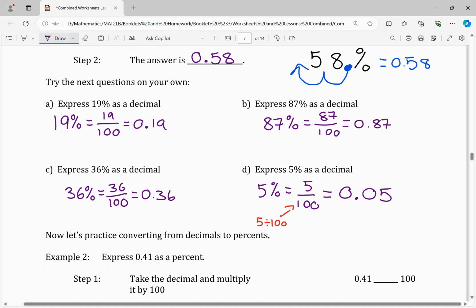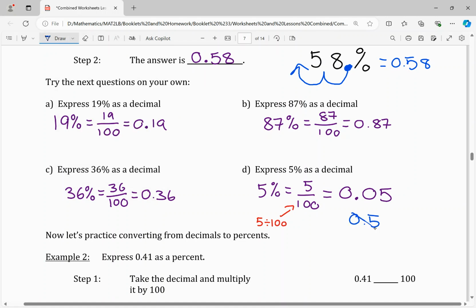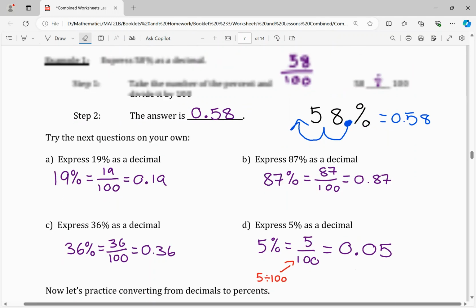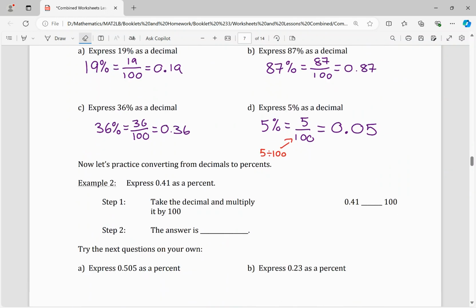A lot of people accidentally write the answer as 0.5. That's incorrect. 0.5 would be 50%, not 5%. So, in order to turn a percentage into a decimal, all you need to do is divide it by 100 using a calculator or using your head.